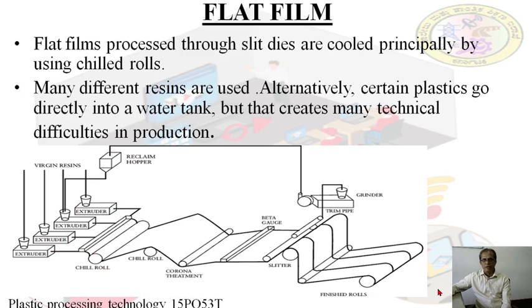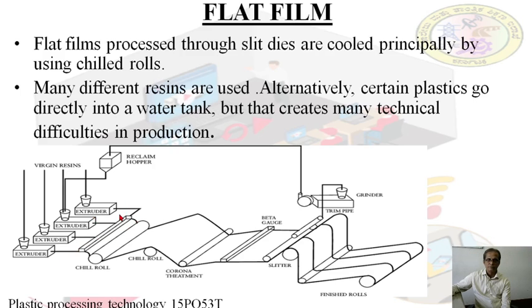You can see over here how the material is charged from the reclaim hopper. Virgin resin is charged in, and from the extruder, different extruders have been shown, it is passed to the common slit die.